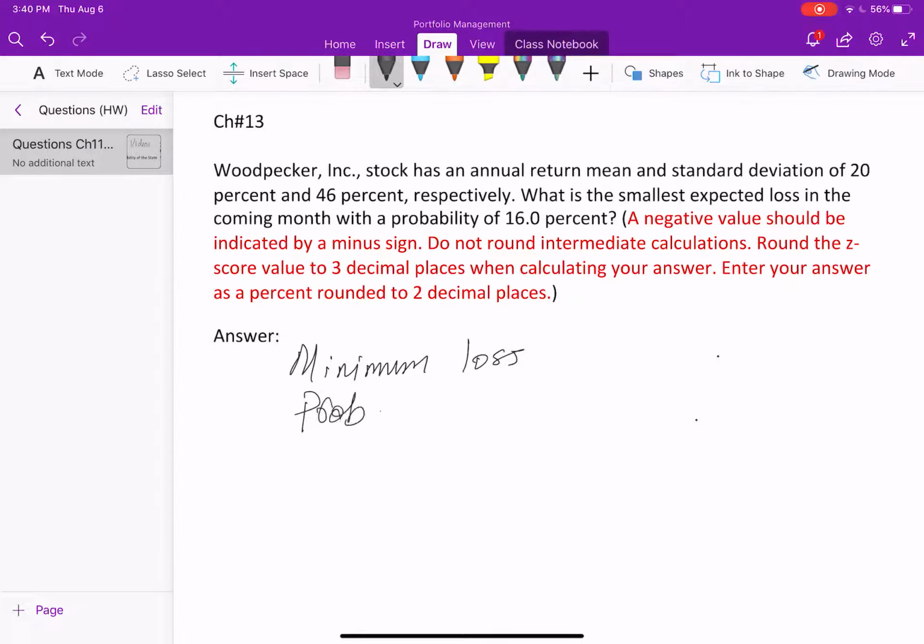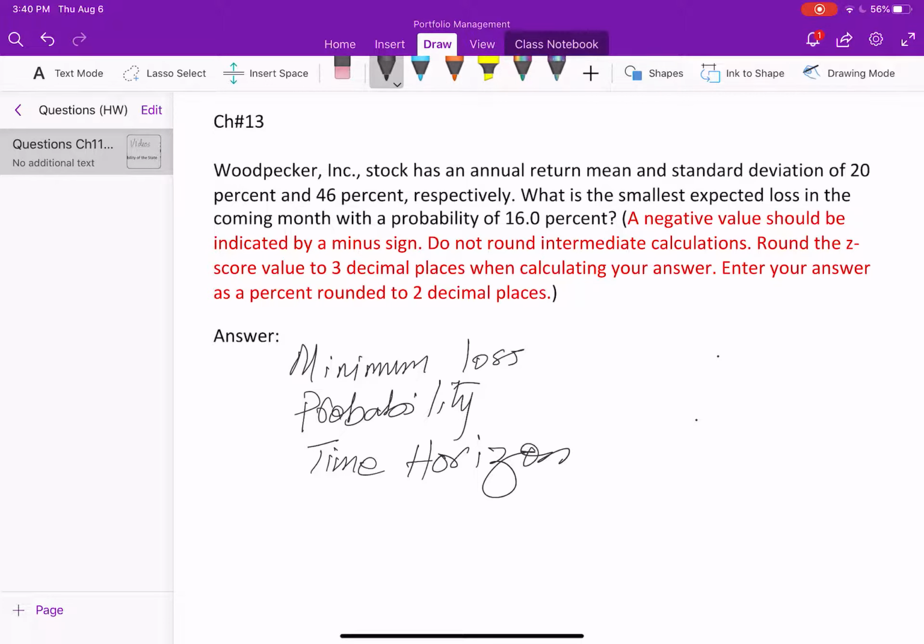And finally the time horizon, that is, over how much period of time this loss can happen with a certain probability. So these three things.